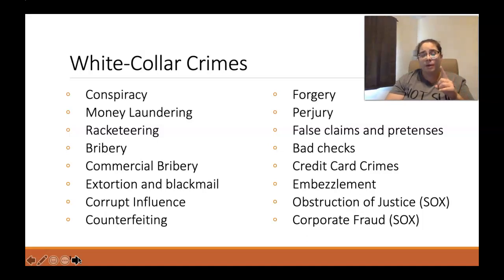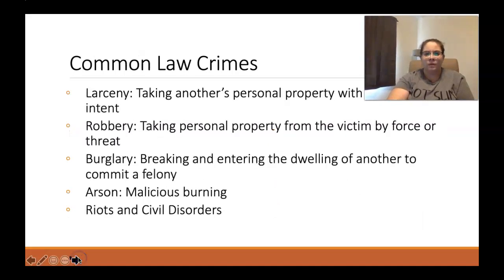Conspiracy penalizes and punishes the planning of a crime between two people or more. Because we recognize that people committing crimes is really dangerous, but people agreeing to and planning to commit crimes is also really dangerous. So go ahead and take a look through all of those definitions in your book. I'm not going to spend a whole lot of time going through them.